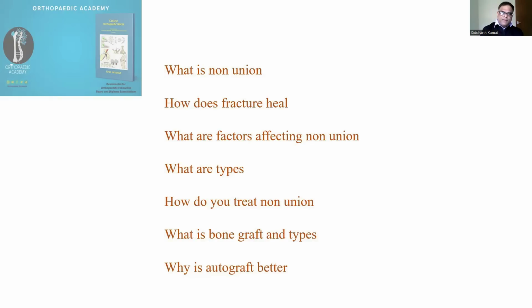General factors are if the age is advanced, if the bones are weak, like in osteoporosis, if there are chronic inflammatory diseases, some drugs like steroids, quinolones, NSAIDs, lifestyle like smoking, infections like HIV, are the general factors.